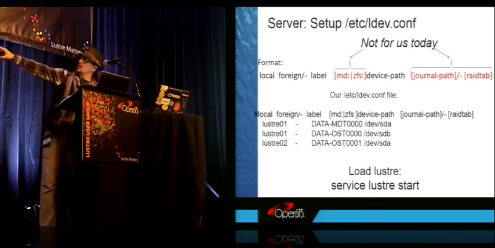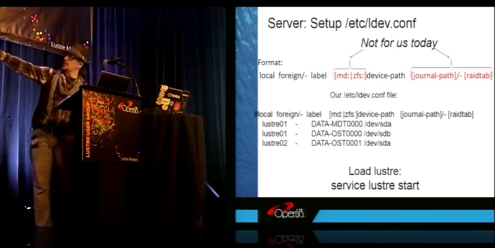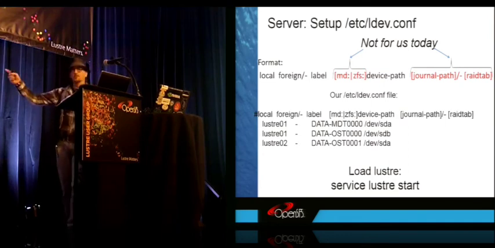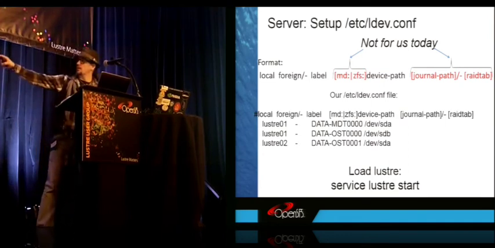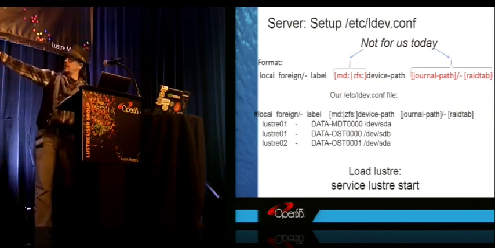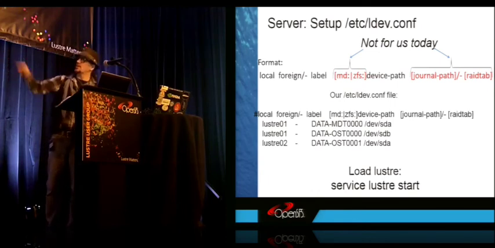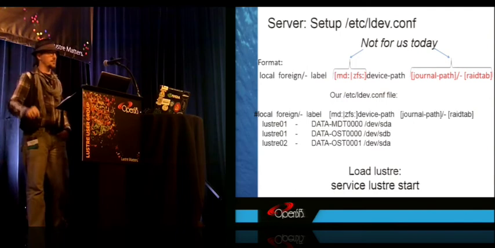What I'm doing is, Lustre 01 in this is the MGS, and I'm going to mount the MDT on it. I'm going to mount the OST on it, or the first, OST 0, and then on Lustre 02, which would be our OSS server, I'm just going to mount one of the OSTs. That same little file, the contents right there of the /etc/ldev.conf, can be on every single OSS and MGS.